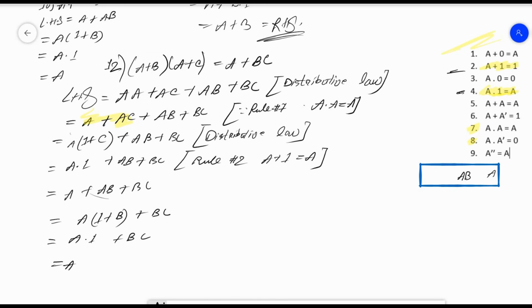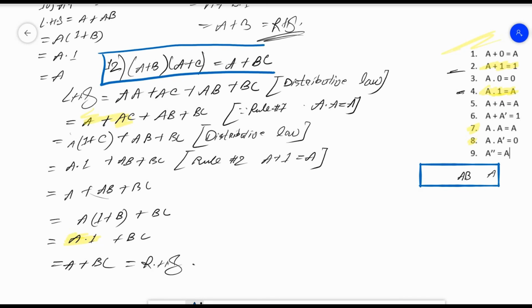Now we have A plus BC, because you know that multiplying 1 with any variable gives us back that variable. So in this way we have proved it equal to the right hand side, and thus it is verified as our rule number 12.